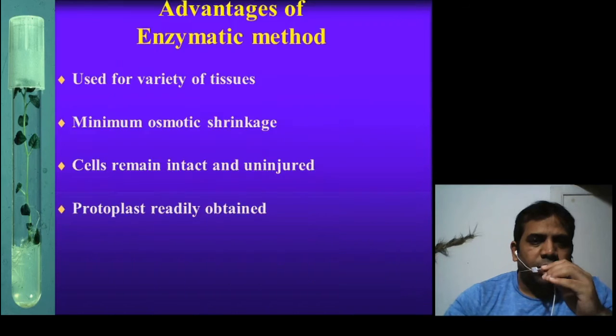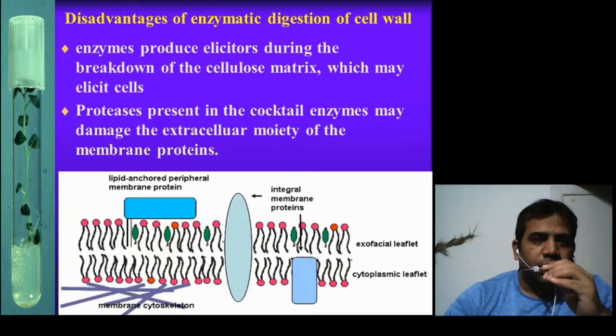The advantage of this method is that it is applicable to a variety of tissues. Minimum osmotic shrinkage occurs, cells remain intact and uninjured, and protoplasts are readily obtained. The disadvantage is that while using enzymes, certain elicitors are produced during the breakdown of the cellular matrix, which may elicit the cell. Meanwhile, if protease is used, it will remove the upper protein moiety from the plasma membrane.